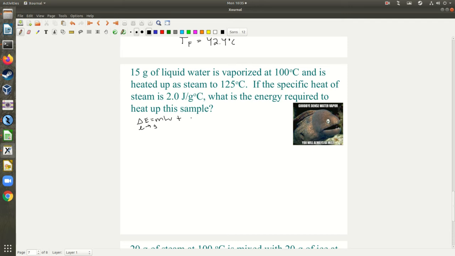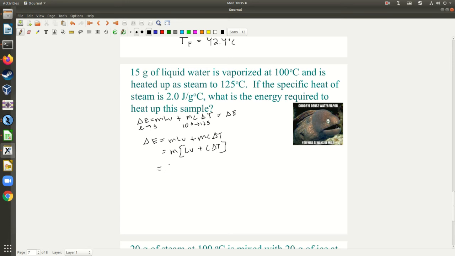That's not the phase change, it's just your traditional mC delta T, to go from 100 to 125. The sum of this is your total energy. So delta E equals mL_V plus mC delta T. It's the same substance, so I can pull out my m and just have m(L_V plus C delta T). That's what I'm going to do.